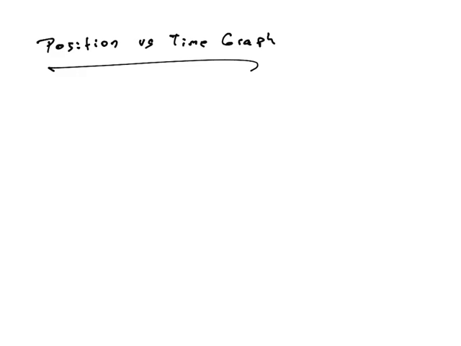So the first big type we'll do is what's called a position versus time graph. A position versus time graph is literally a graph where one axis is the position. Let's say this is the position, the y-axis, and the other axis is time. What we're going to do is plot how an object moves over time.